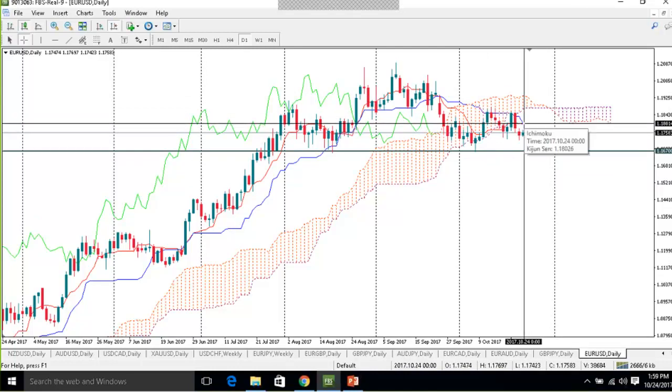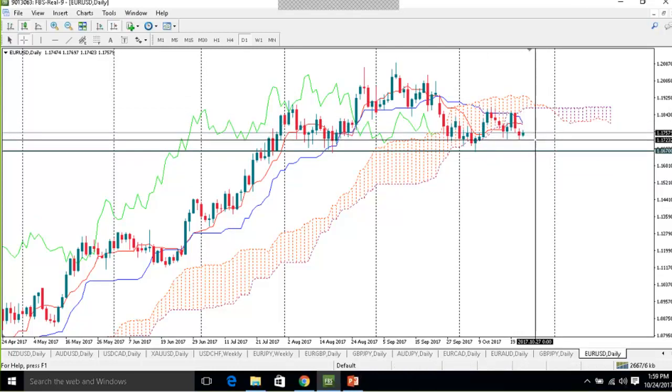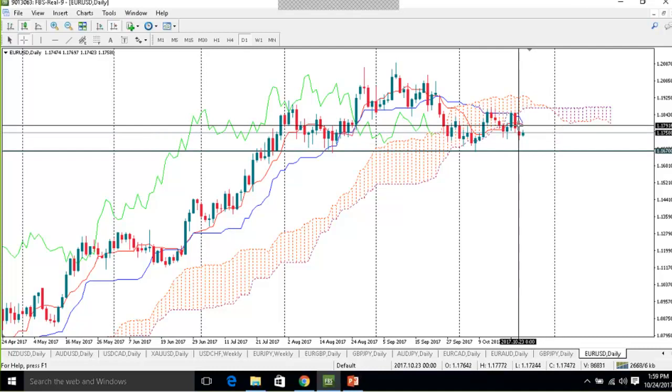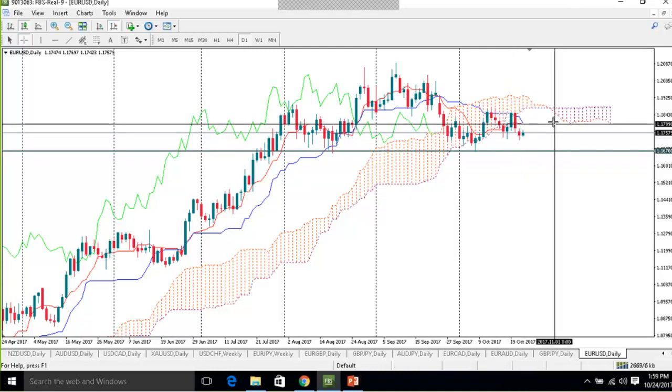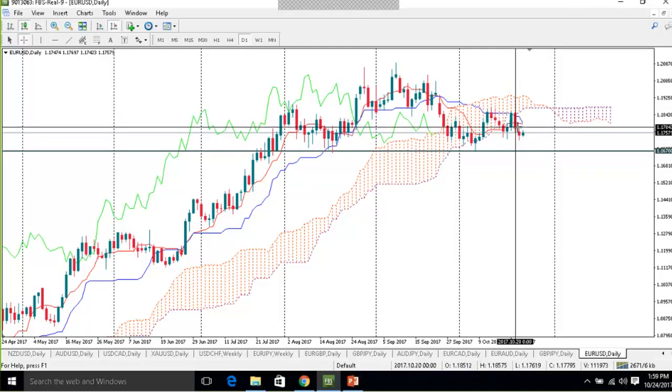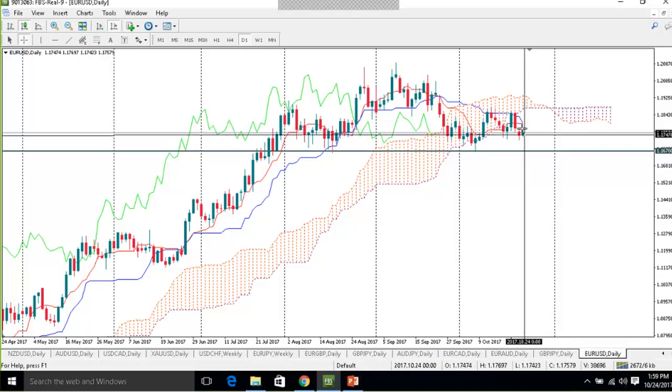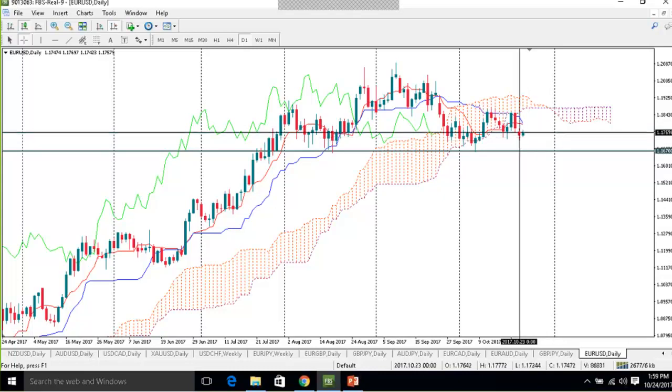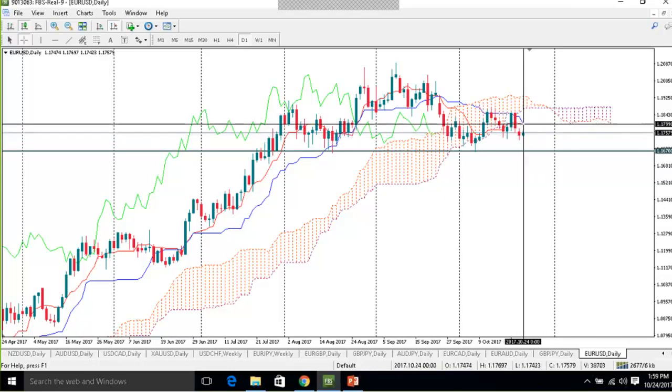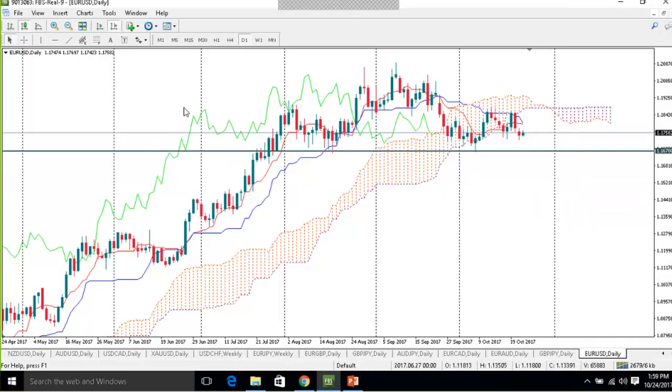If the red line takes a deeper swing to the downside and the blue line follows it, but it will be slower than the fast red line, then we'll get the confirmation of the negative setup.